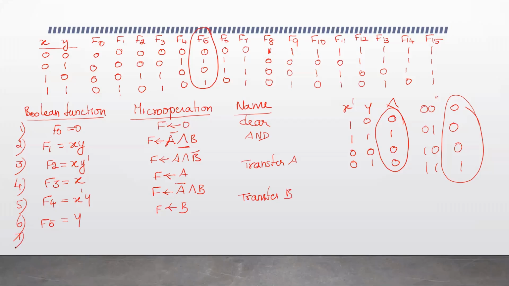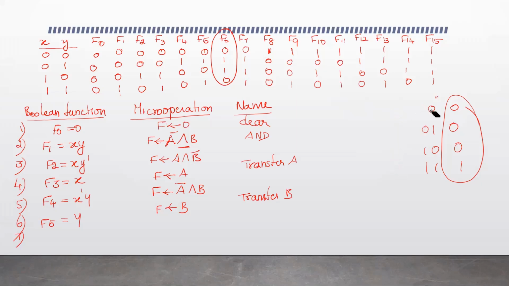And the next operation, F6, 0, 1, 1, 0. Tell me what is the operation performed here. Check this function, the result is 0, 1, 1, 0. The inputs x and y are this.